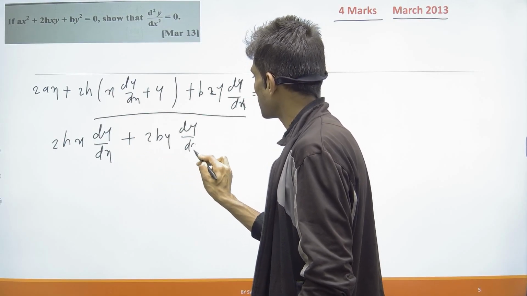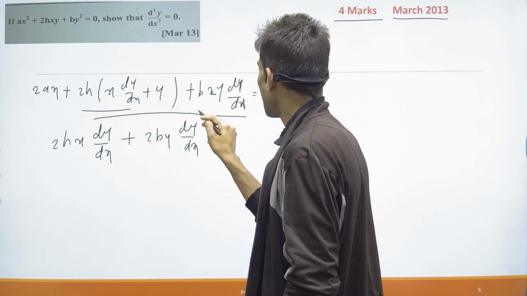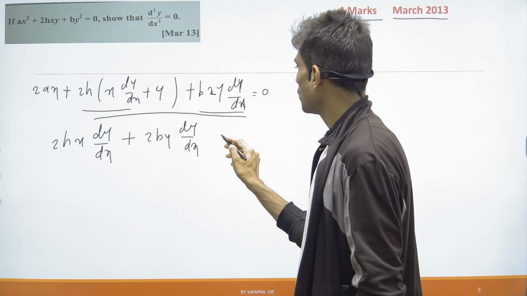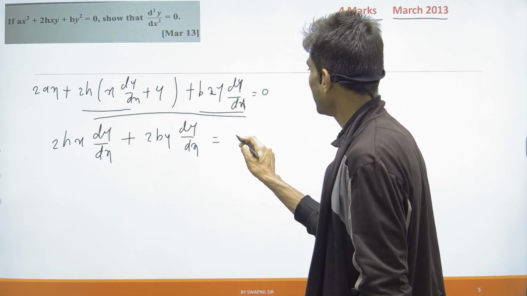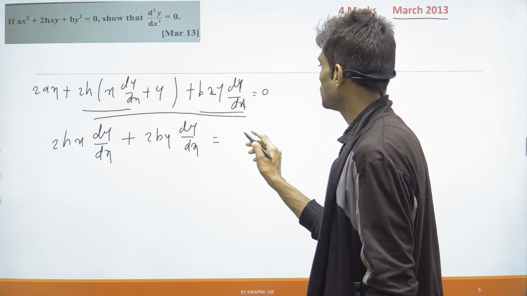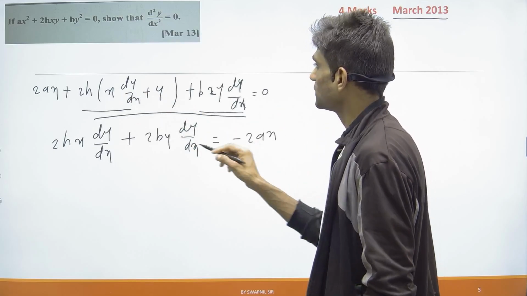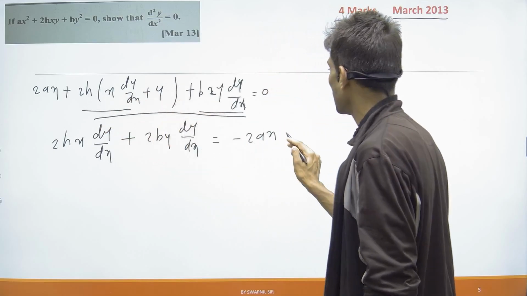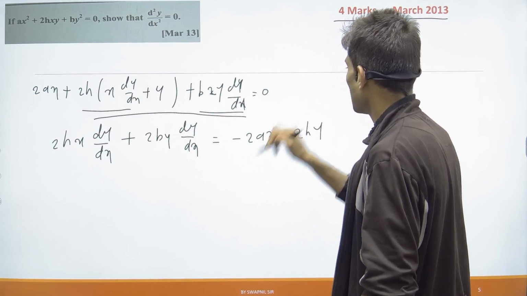So these are the two terms having dy by dx. The remaining terms we take to the other side. So 2 times ax goes to the other side as negative 2 times ax, and 2 times hy goes as negative 2 times hy.